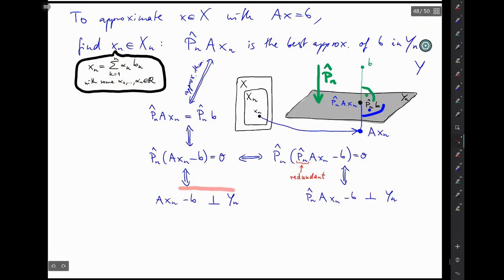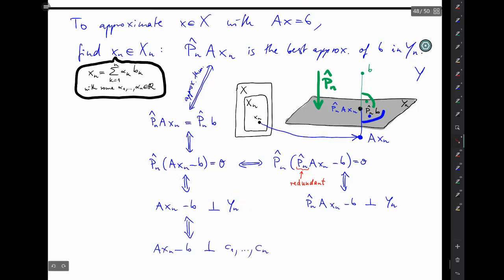And the other step comes here. So saying that a certain vector is orthogonal to the space yn is equivalent to saying that this very same vector is orthogonal to the basis elements of yn.